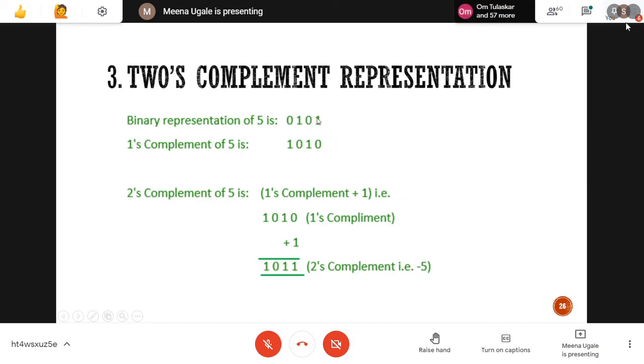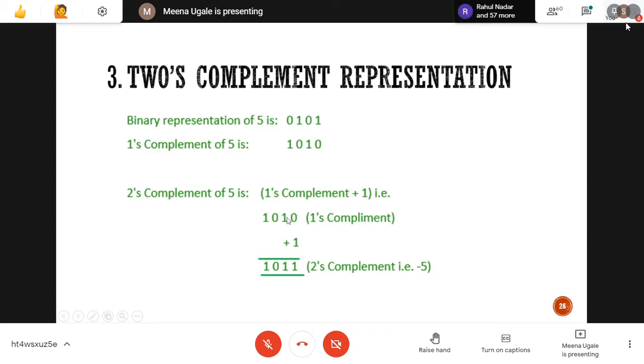So 2's complement of any number will be taken as, first you go for 1's complement and then add the value 1 into that. So I'm adding +1 here. This is 1's complement and then I am adding 1. When this 1 is added, now binary arithmetic abhi dekhenge hum log. So 0 plus 1 will be 1.